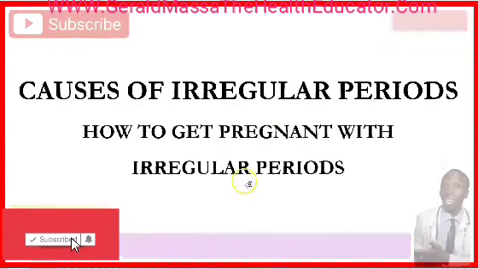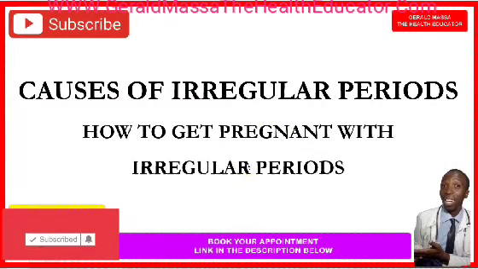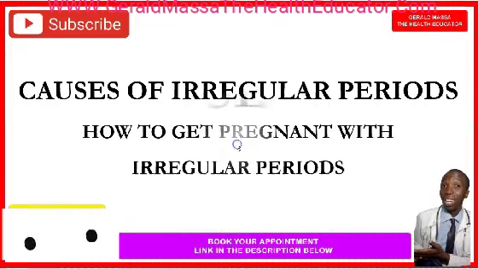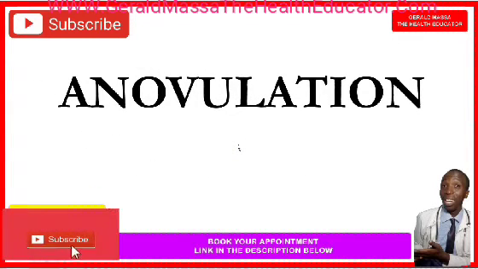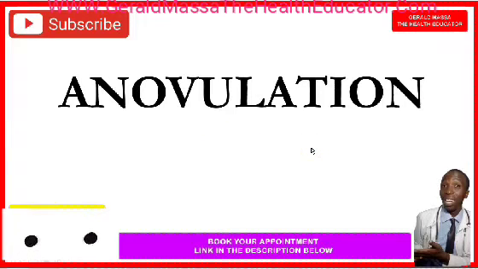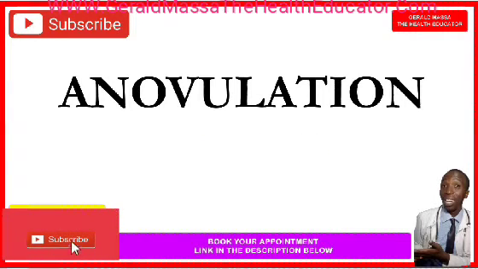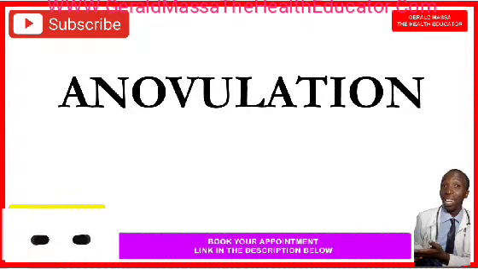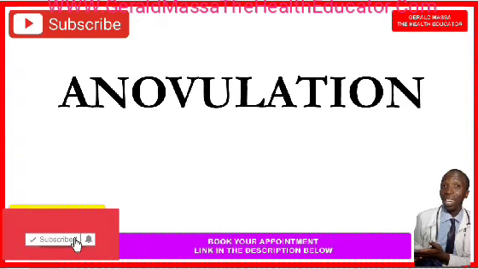We are talking about the causes of irregular periods, and without further ado, we go to the first cause, which is known as anovulation. Anovulation simply means failure to ovulate. If a woman does not release a mature egg on the 14th day, we call this anovulation.